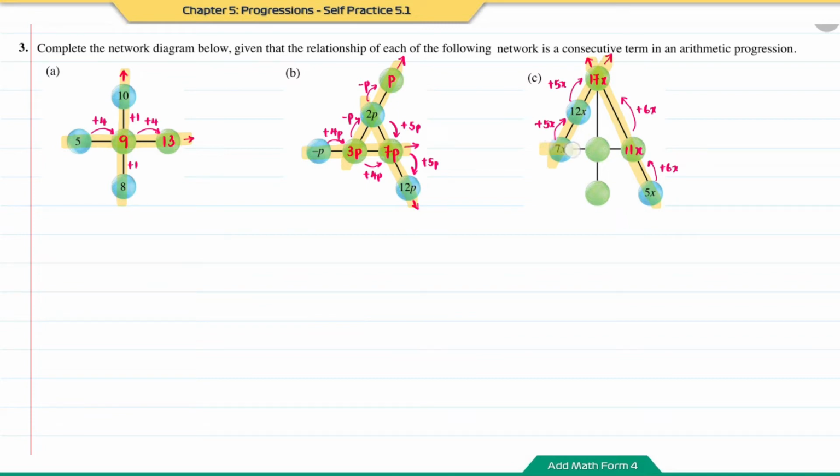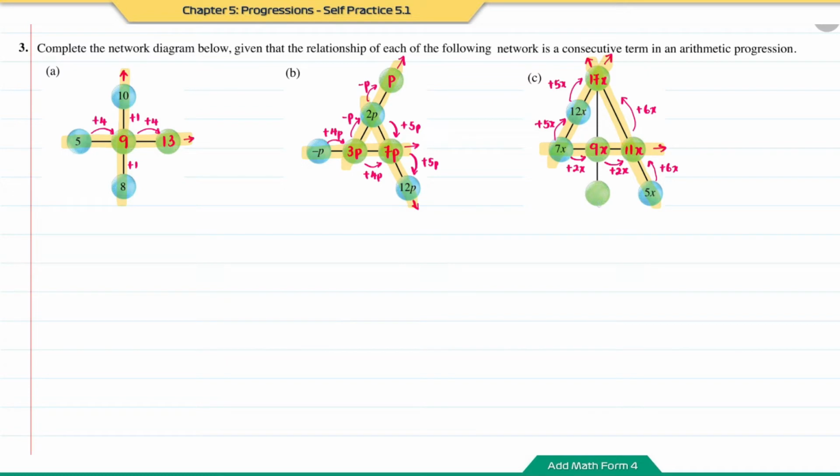Next, I'm going to look at this sequence from left to right. It's getting bigger. The difference between 7x and 11x is equal to 4x. Divide it by 2. This sequence is formed by adding 2x to the previous term. Therefore, the term in the middle here will be 7x plus 2x, 9x.